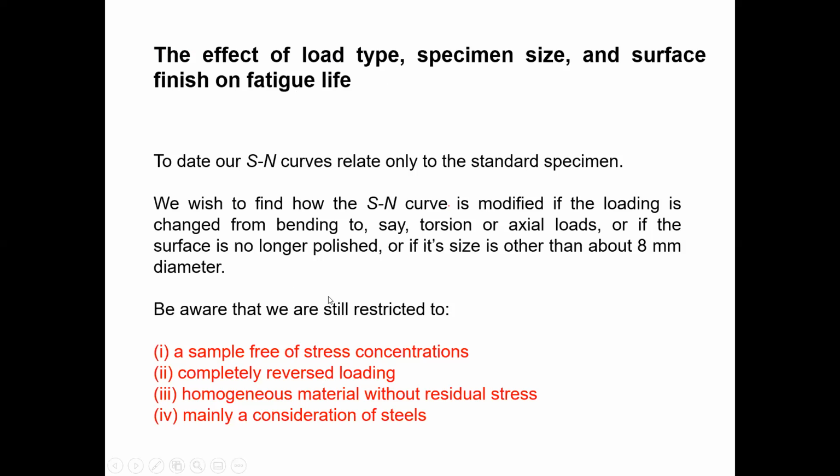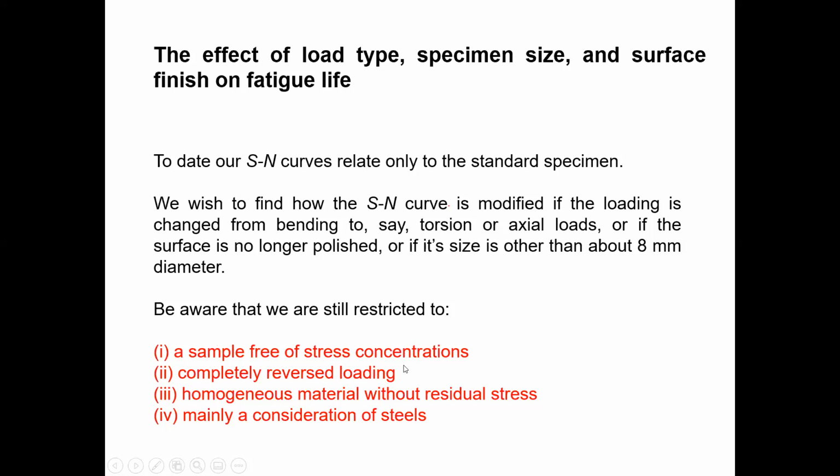You can see the 8 millimeter diameter here. And if you remember that equation, the 10 to the power 6 cycle strength equals 0.5 SU. We are still strict with this assumption: there is no stress concentration point.